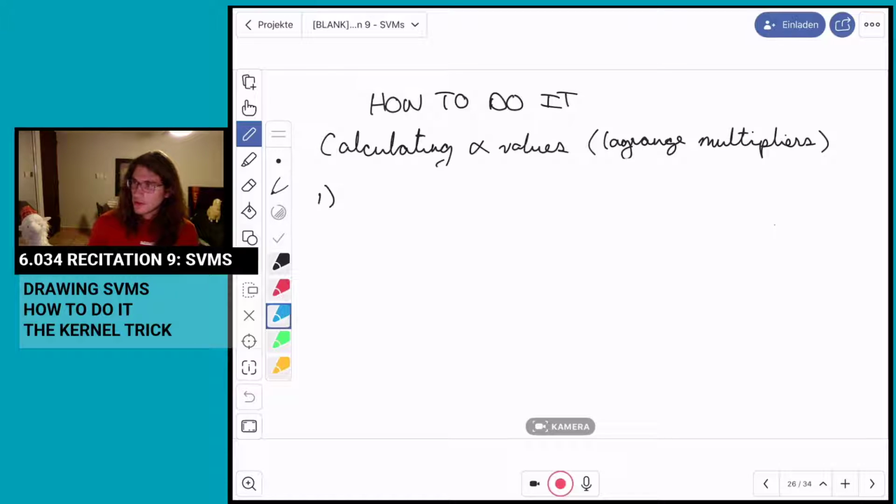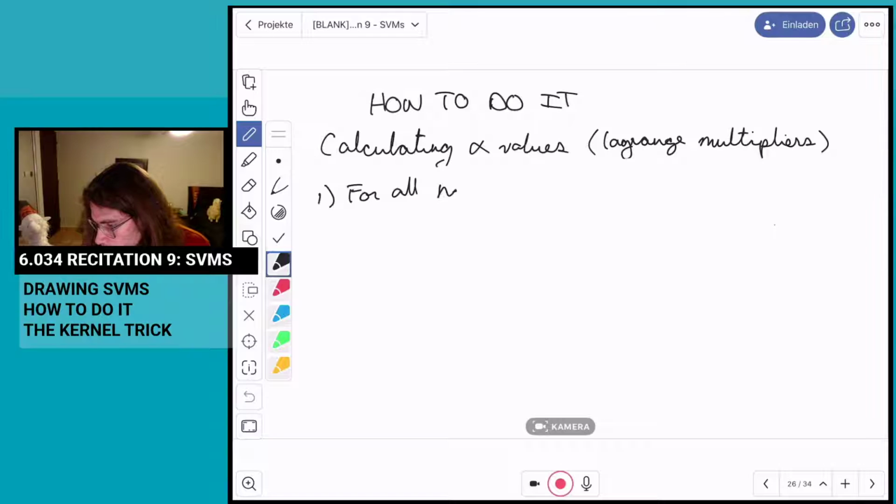Because the first thing to note, and this is one very, very important property of support vector machines, is that for all non-support vectors, alpha is equal to 0.